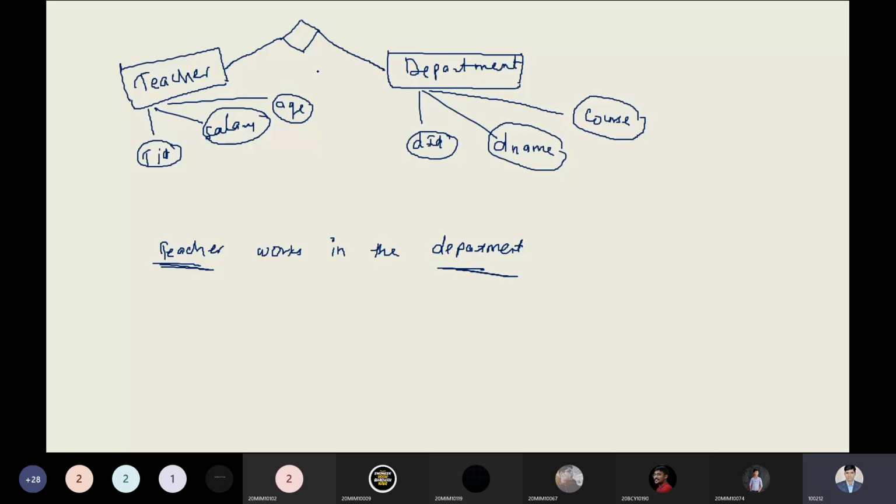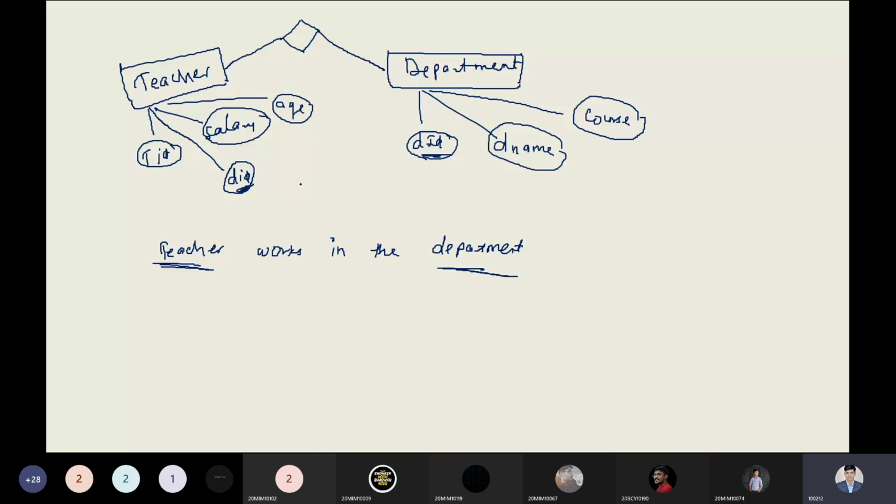So teacher works in the department. On what basis can we say that? There will be one common attribute which makes the relationship, that is the department ID or department name. This would be the common attribute, not the course. We have to find the proper attribute which makes the relationship.